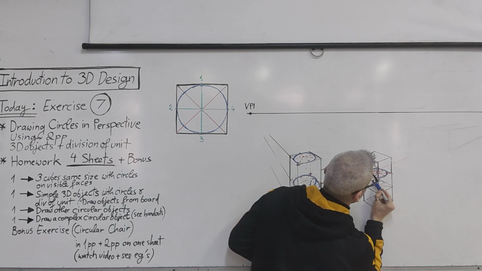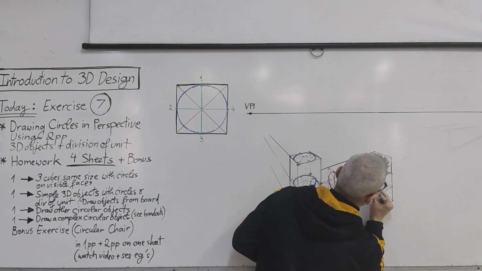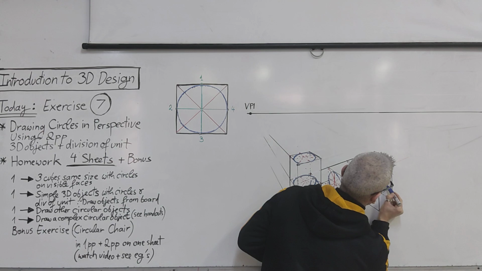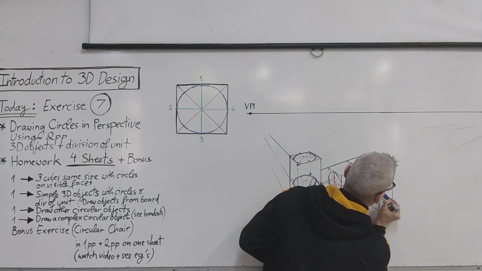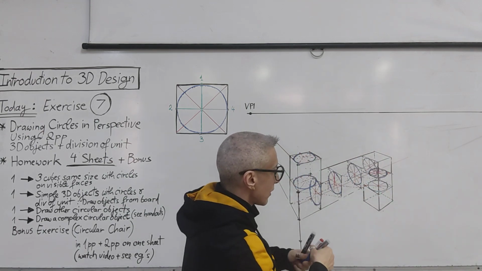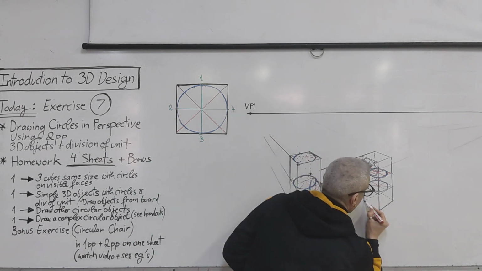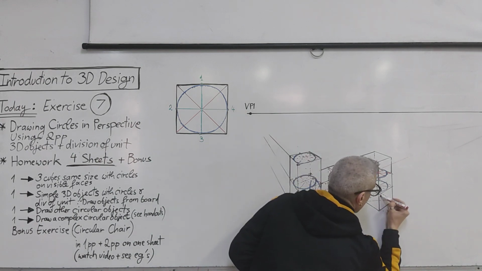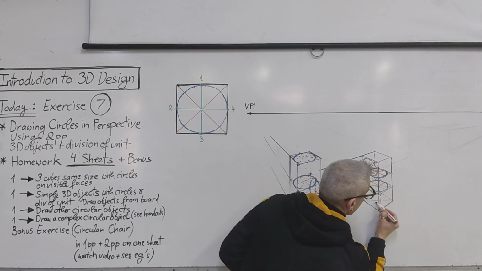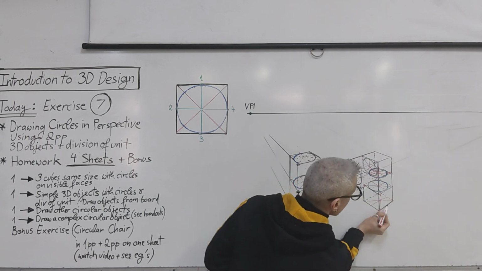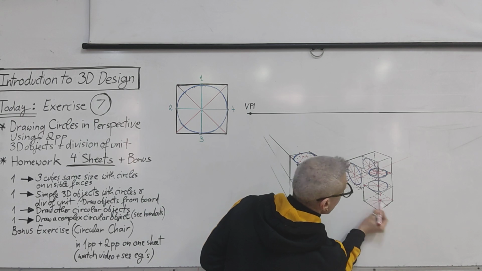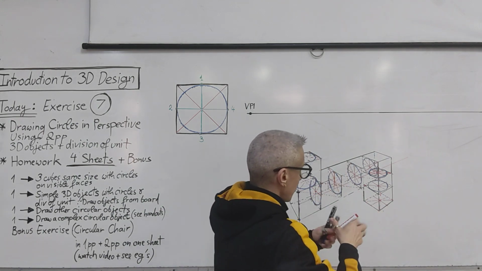Again, we draw a circle. And the last one on this surface, the last circle. Diagonal, diagonal. This line passing through the center to the vanishing point. This line passing through the center to the vanishing point.